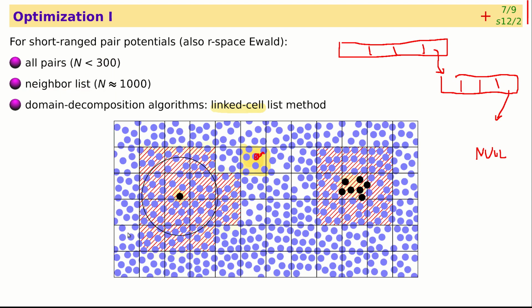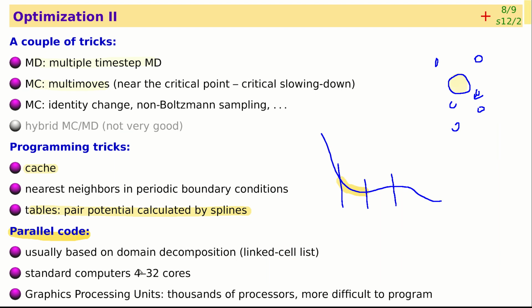You can imagine that it is especially easy if we have such a domain decomposition, so we can go through this in layers in parallel. The standard computers now contain from 4 to, let us say, 16 or 32 cores. Usually they have more of the so-called threads, so it can be sometimes a bit more efficient.